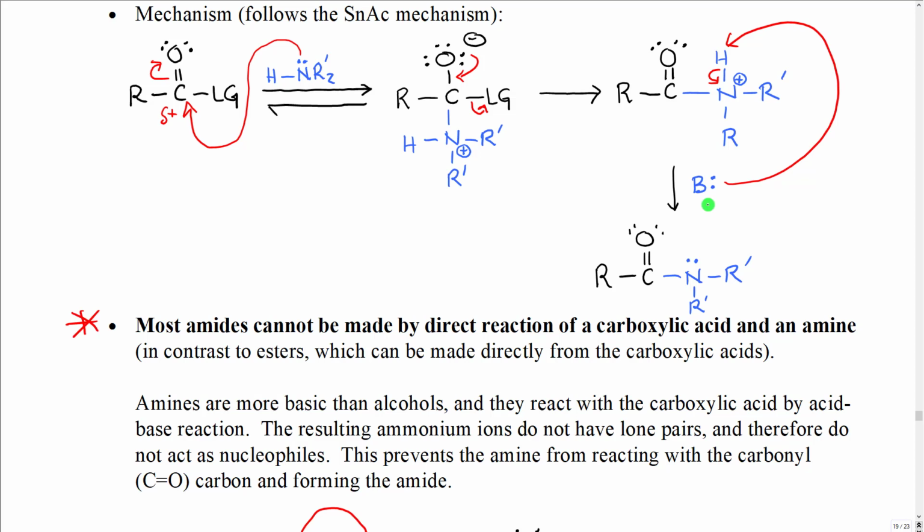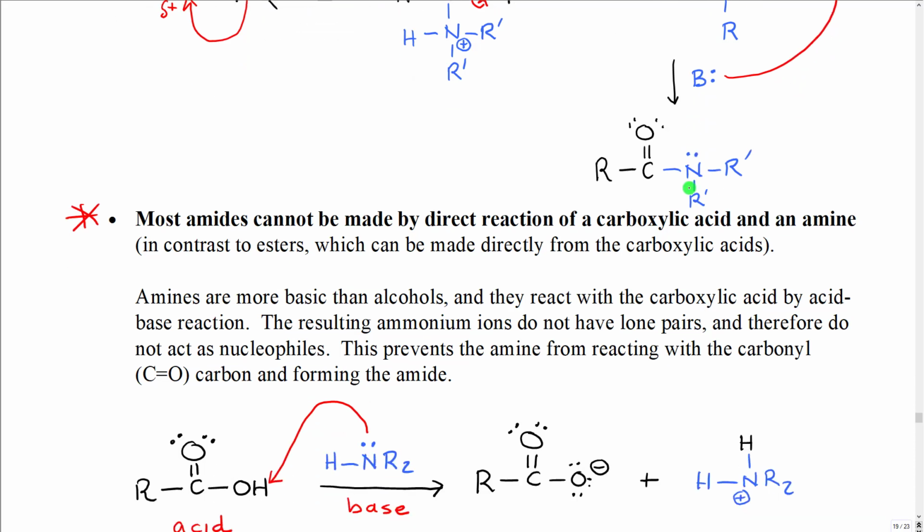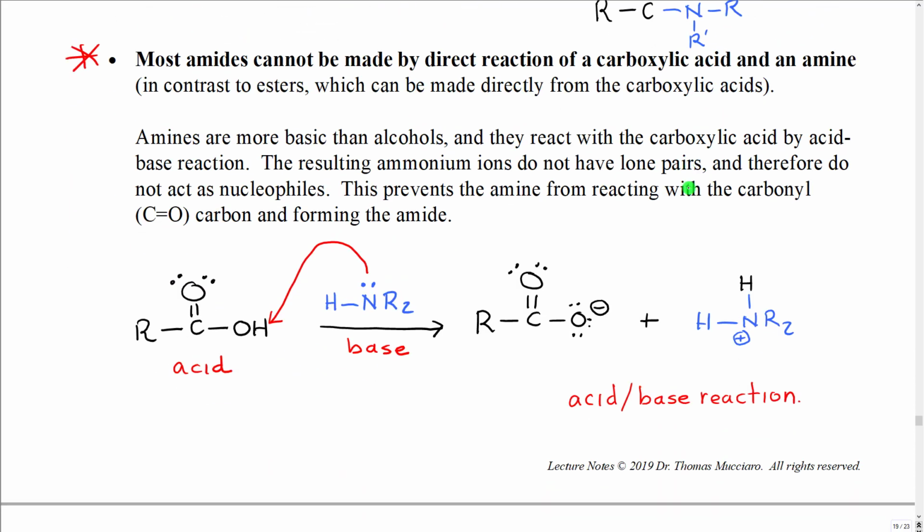Now, one thing that's very confusing about amides when compared to esters is that esters had the Fischer ester synthesis, where we could make an ester directly from the carboxylic acid and the alcohol. That is not generally done with amides.